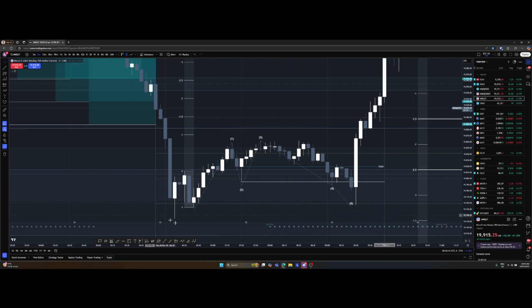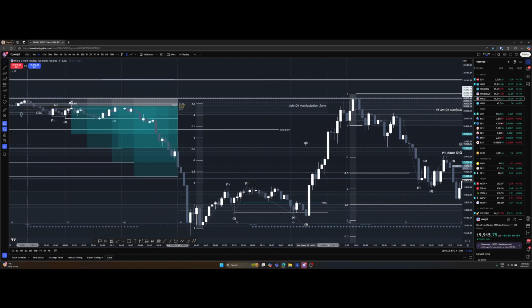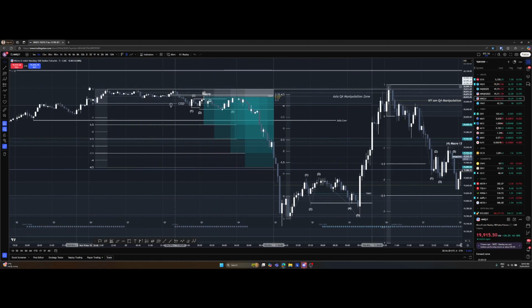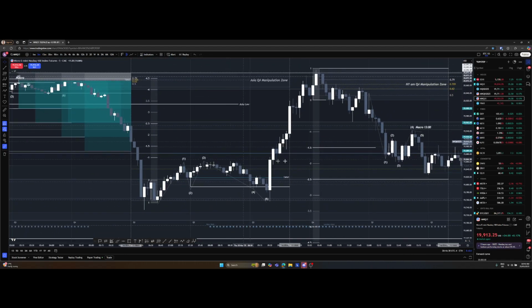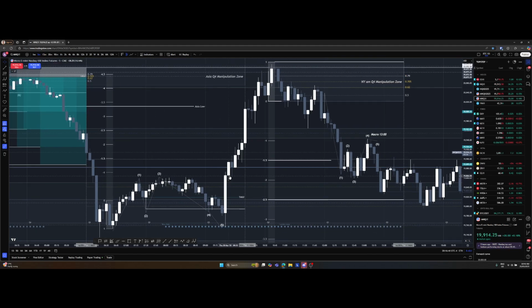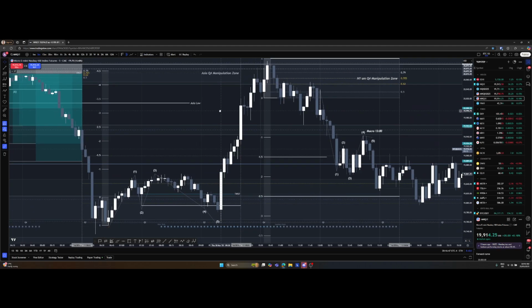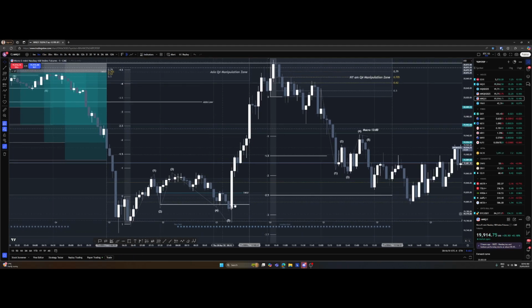There's no SMT at this low. And price expands up to Asia high and the equal highs we were talking about previously, creating that 4 hour open low and then high close here.